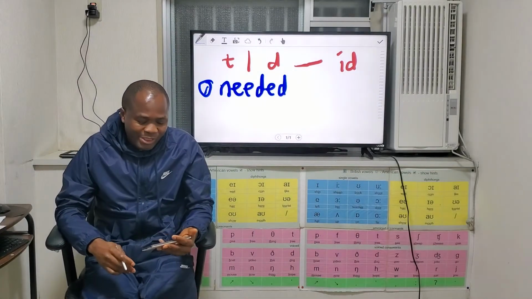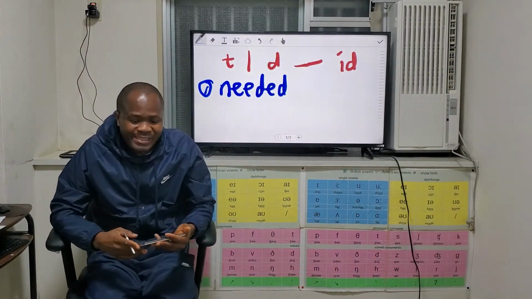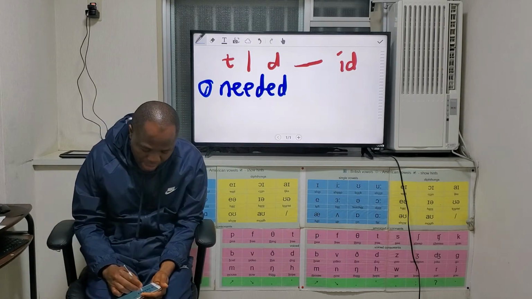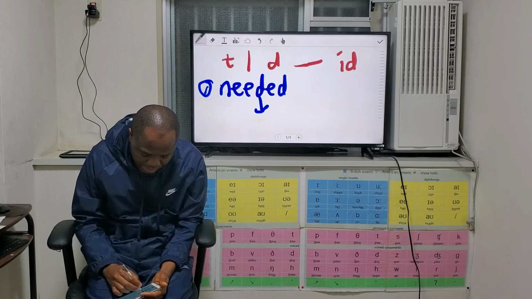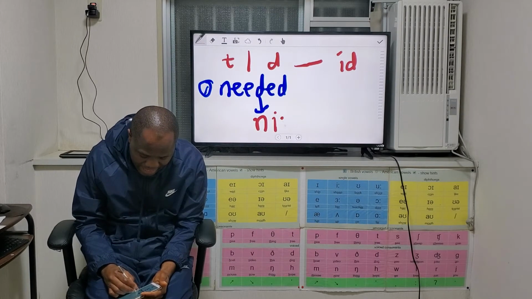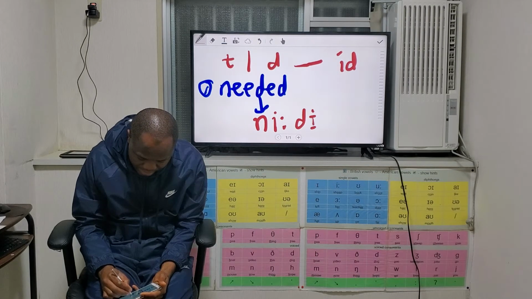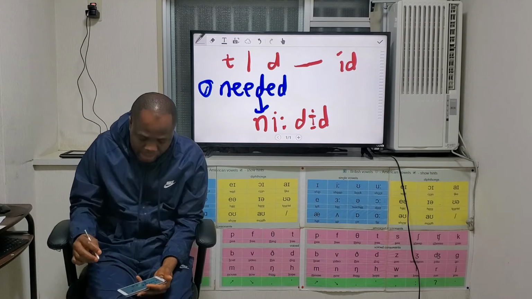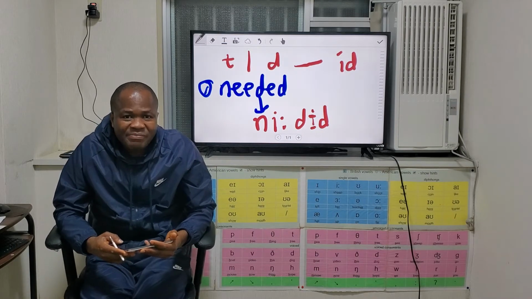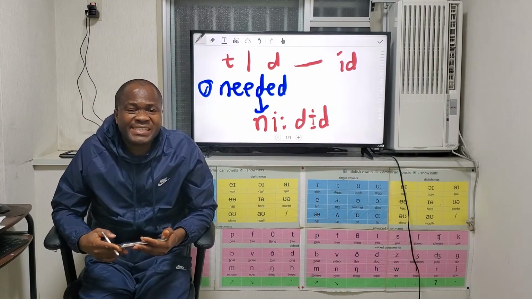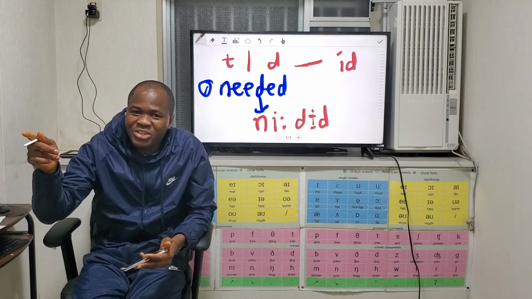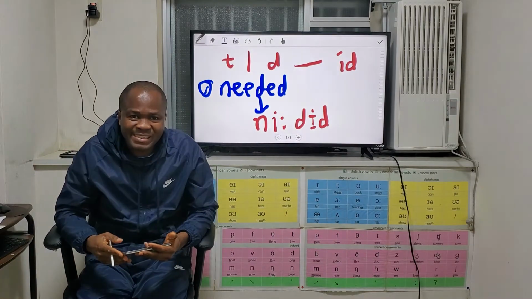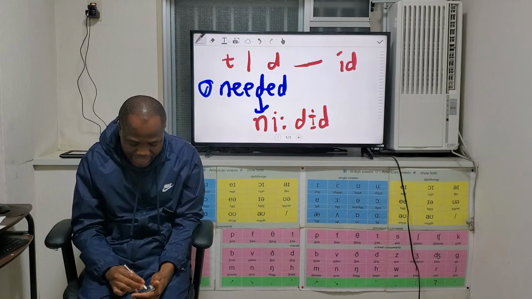As we said, we pronounce it as id. So it's going to be nee-did, needed. This is needed. These oranges are needed. Okay, let's look at other examples.